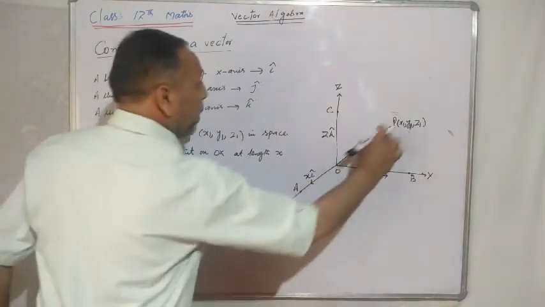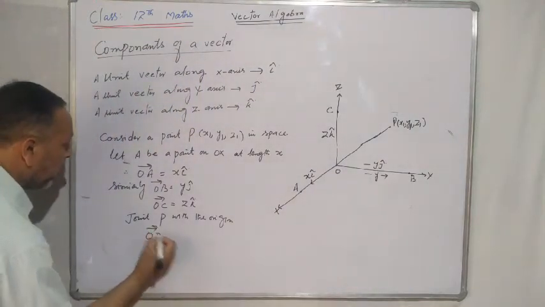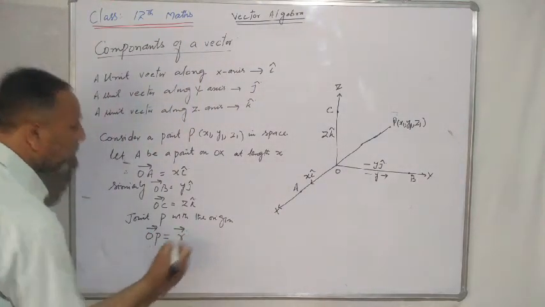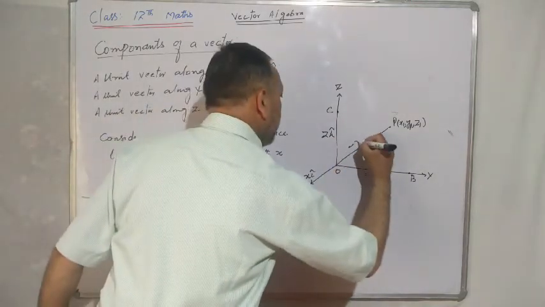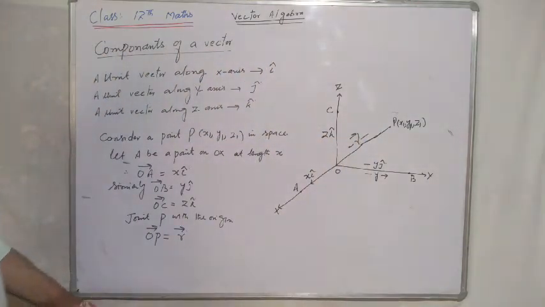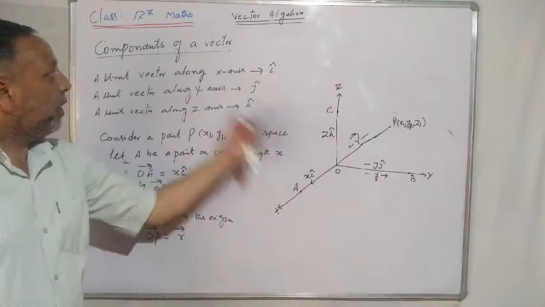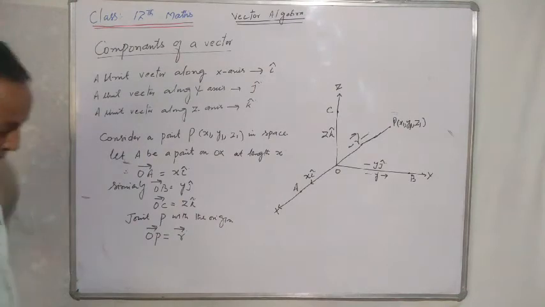Let me say the position vector of OP is equal to vector R. Now we have to find the coordinates of R, the value of vector R. That will be the components of a vector.